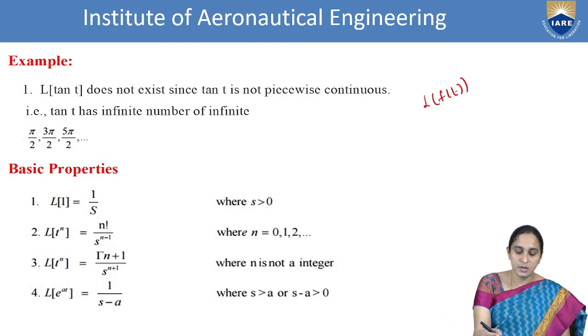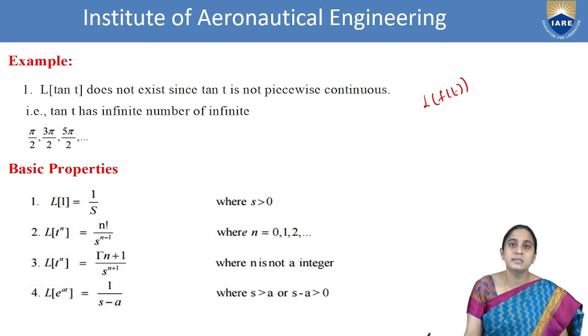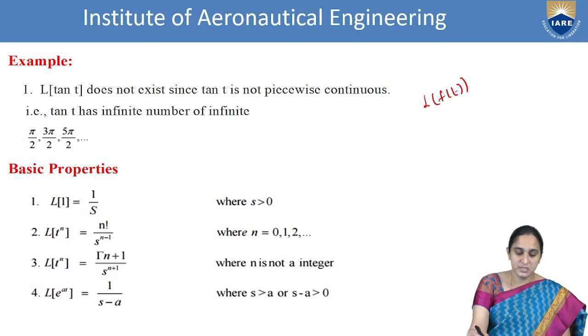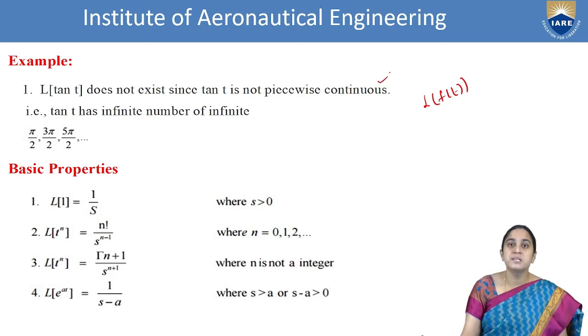We do not treat tan t as piecewise continuous, because tan t has an infinite number of discontinuities. That is one example of a function that is not piecewise continuous.